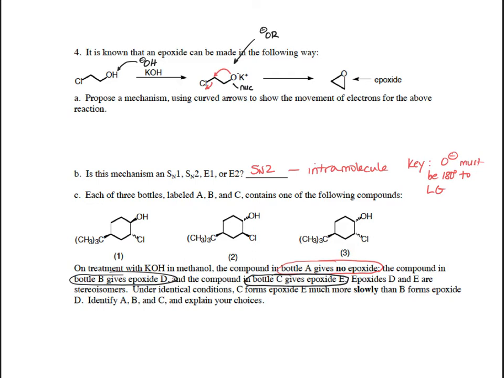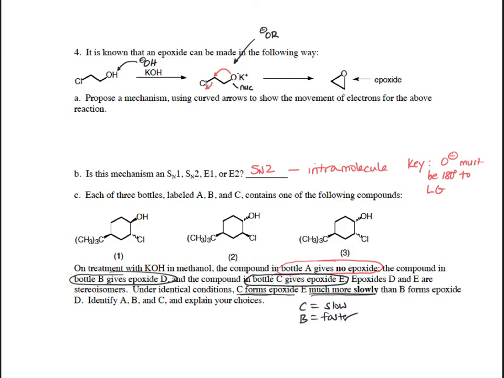That's what I'm hoping. The minute you read that sentence, everyone says, okay, I quit. Just ignore it. It might not be important. They tell us that C forms an epoxide much more slowly than B does. So C is slow and B is faster. I don't know how fast it is, but it's faster.